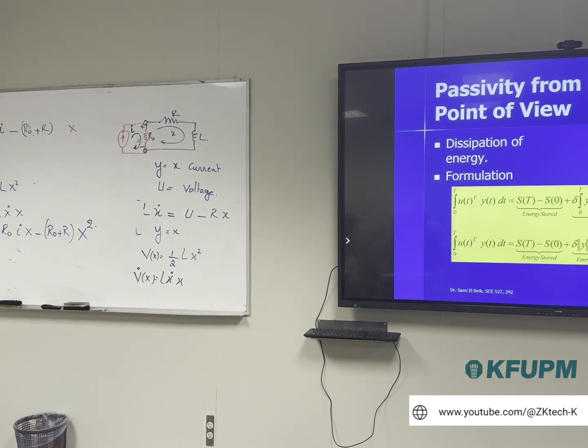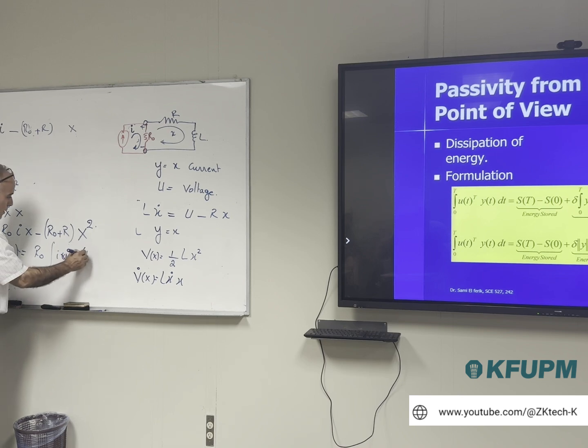The input is I, so when I multiply this one, it is equal to what? This one is V prime. Yes, very good. So V of capital T minus V of 0 will be equal to R0, the integral of I times X, will be I times Y, minus R0 plus R multiplied by Y squared.